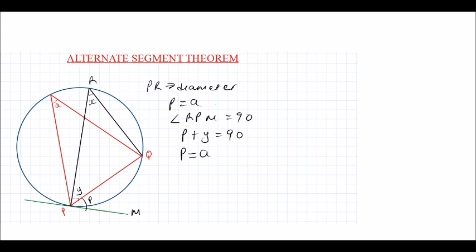Then we say that since this angle is 90, this angle here is 90. That means that X plus Y is equal to 90 because they form the triangle PQR. Can we say that?